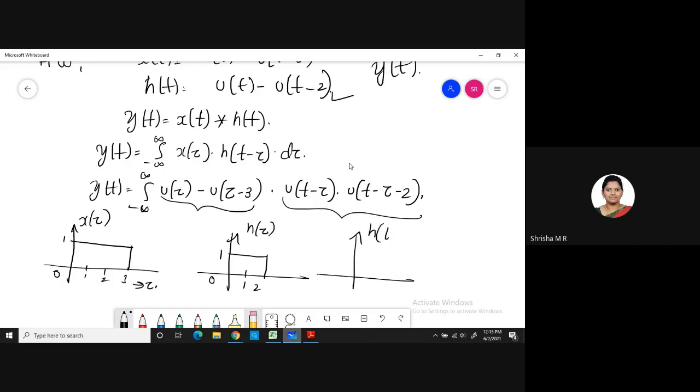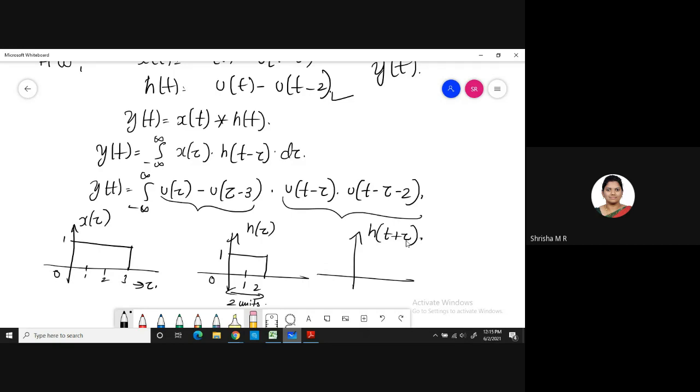So the width of this h of tau is 2 units. So we have to maintain those 2 units and plot h of tau plus t.